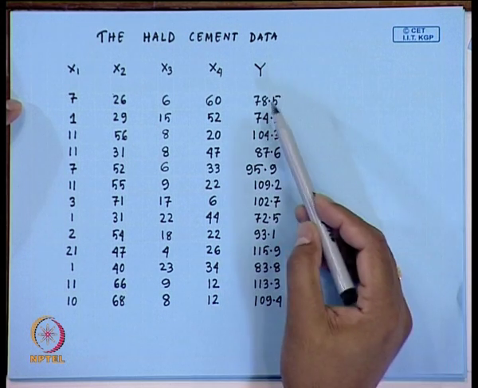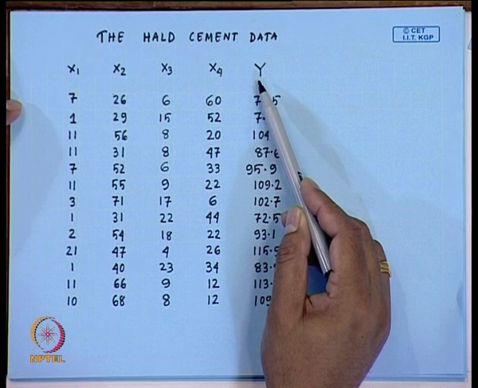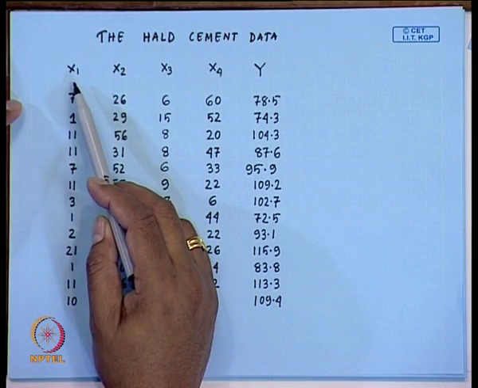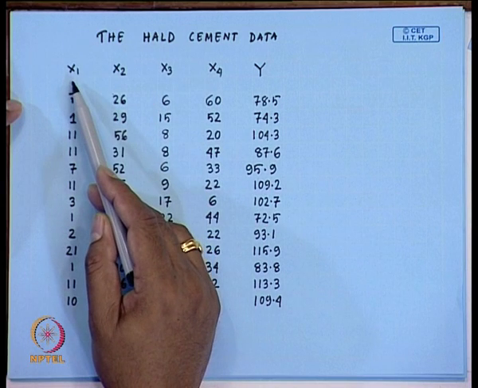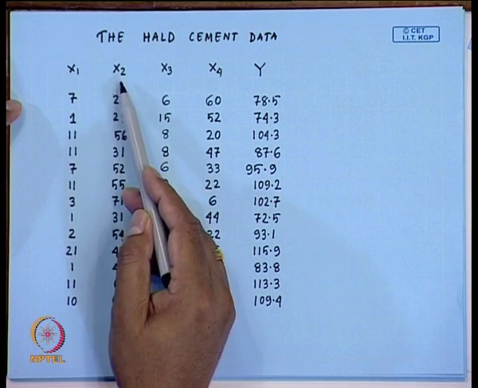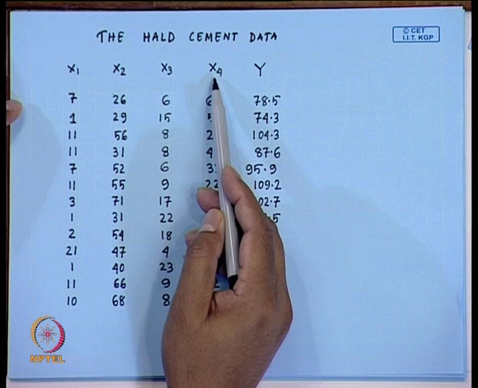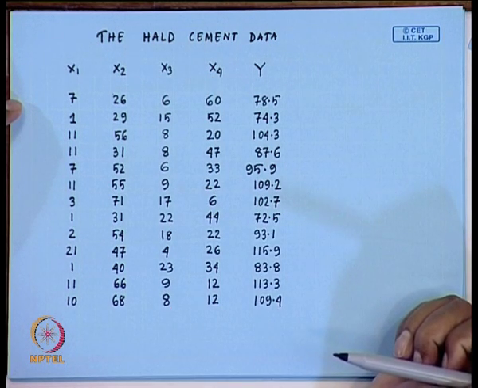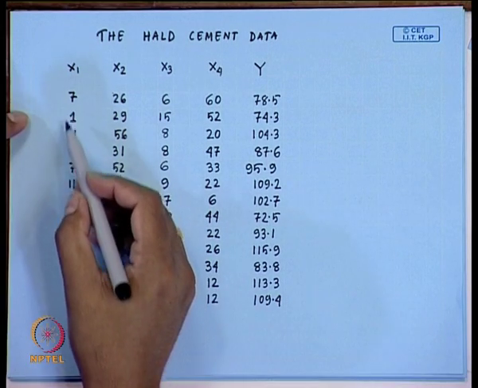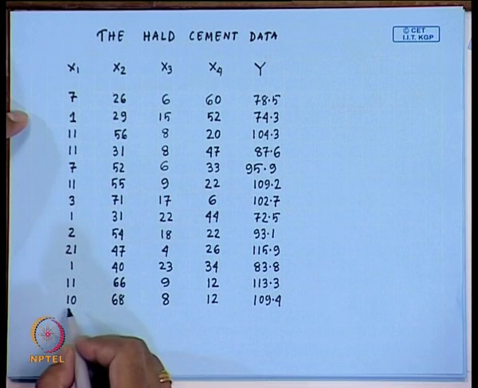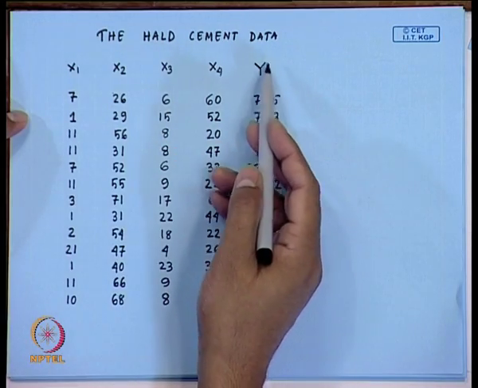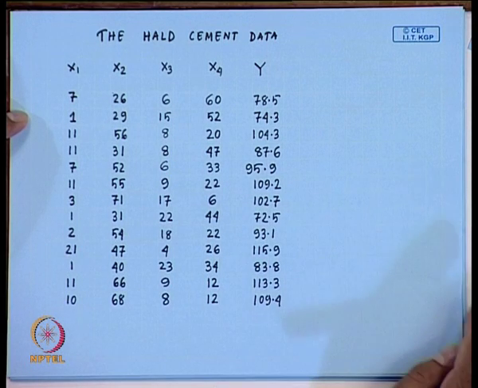Here we have one response variable y, and we have 4 regressor variables x1, x2, x3 and x4, and we have 13 observations corresponding to the response variable and the regressor variables.